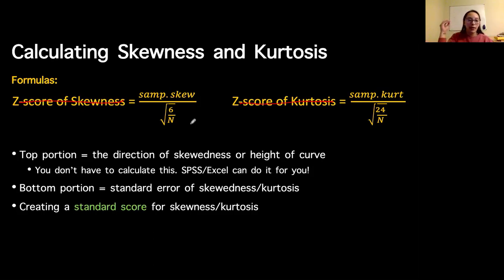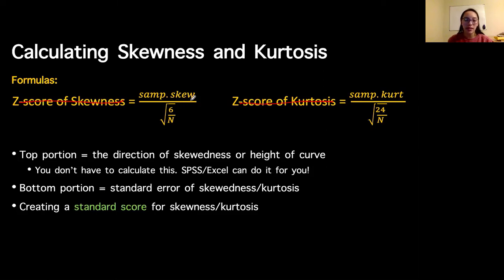So if we pull a sample out and we want to see where that sample is located in the population, the standard error is kind of like how far away a sample mean is from the population mean, similar to how far away a raw score would be from a sample mean if we were looking at standard deviation. So a lot of times people get those two confused. And like I said, we'll talk about standard error more, but this is kind of how we relate the sample information to the population, right?